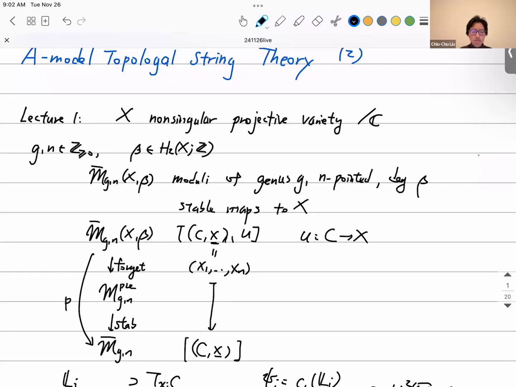For each g and n, which are non-negative integers, and beta an effective curve class, in particular in the second homology, we define the moduli space of genus g, n-pointed, degree beta stable maps to X. This is a usually singular proper Deligne-Mumford stack.